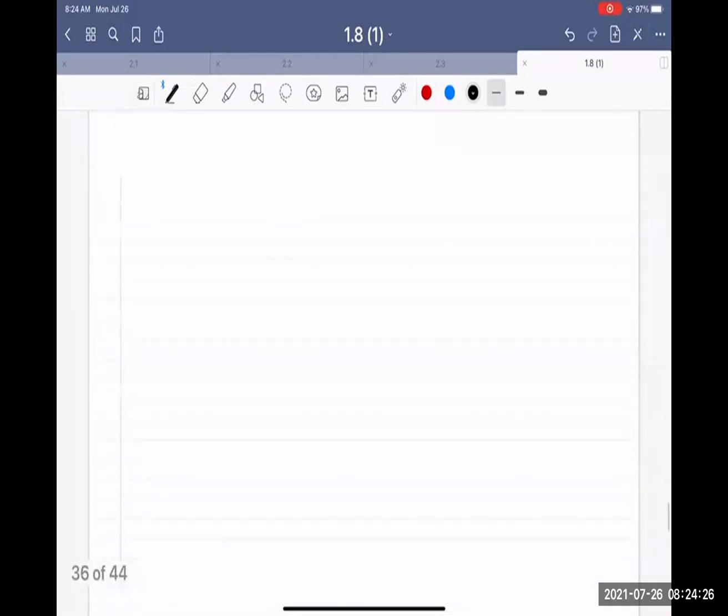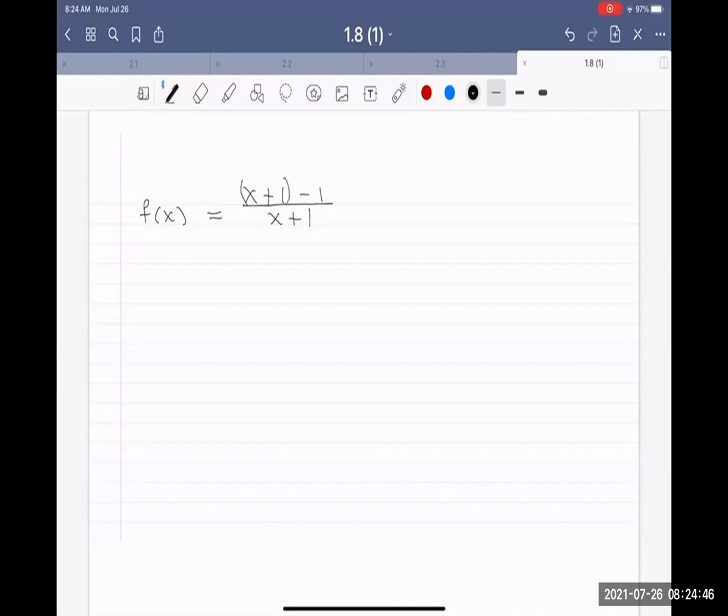So let me write this as, well, I have an x in the numerator, so let me add, subtract 1. And so if I look at this first part in parentheses, I can just divide. So x plus 1 divided by x plus 1 is just 1, minus 1 over x plus 1.